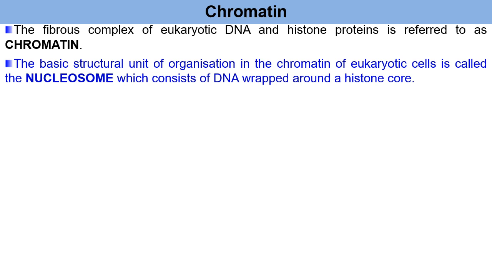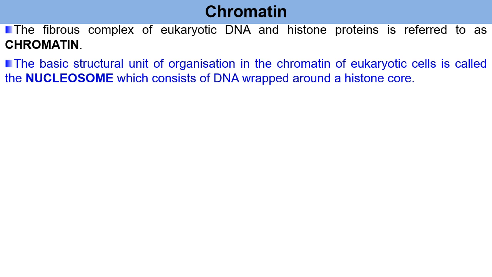This is accomplished by the formation of a fibrous complex of eukaryotic DNA and histone proteins and is referred to as the chromatin. The basic structural unit of organization in the chromatin of eukaryotic cells is called the nucleosome, which consists of a negatively charged DNA wrapped around a positively charged histone core.